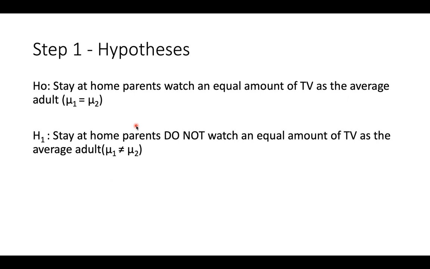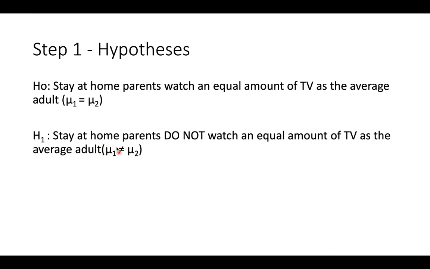So first step, our hypotheses. When we have a non-directional hypothesis, a two-tailed hypothesis, that means we're saying that they will be different from. We don't know whether they'll be less than or greater than, just different from. So our research hypothesis, our H1, is that stay-at-home parents are not equal to the average adult, right? We want to know, do they differ from the average adult?